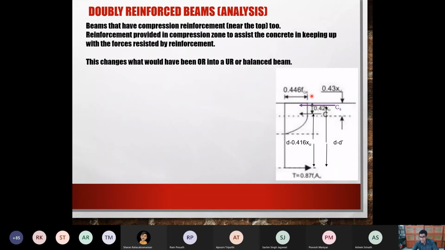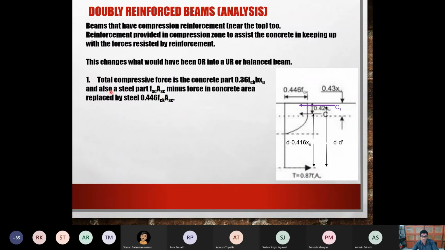In addition to the normal stress block which you had for singly reinforced beams, you have another component known as Cs, the compression force from the steel on the top. So you have an additional force which balances out this value which is high. The total compression force is the 0.36 fck b xu from the concrete, plus the stress in this steel times the area of the steel.